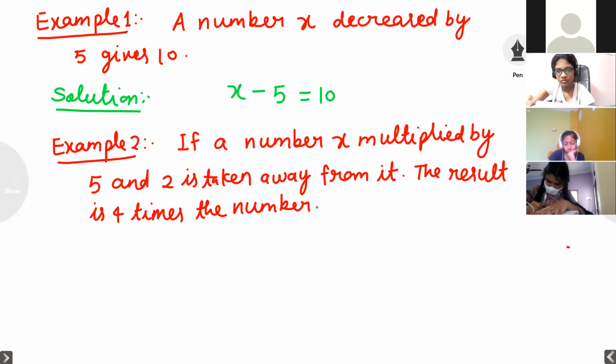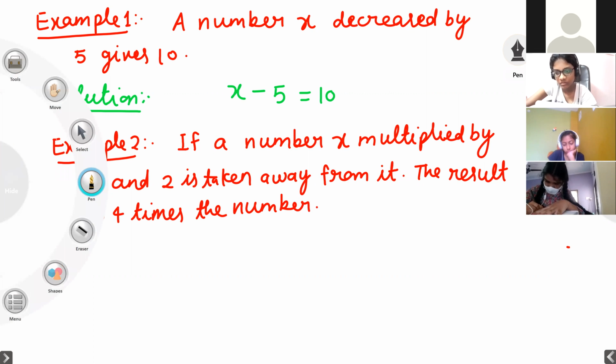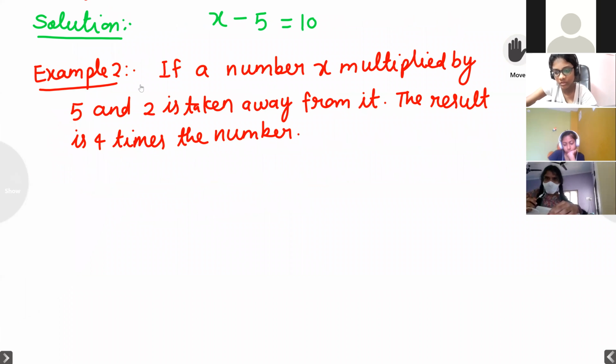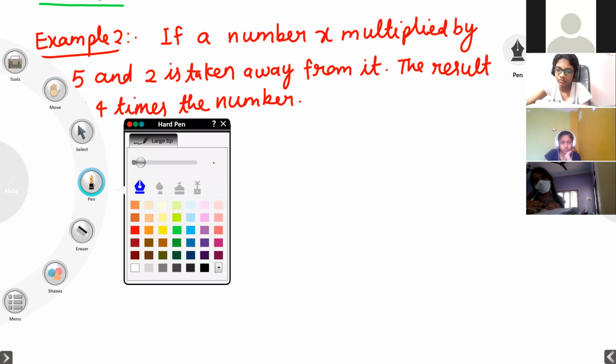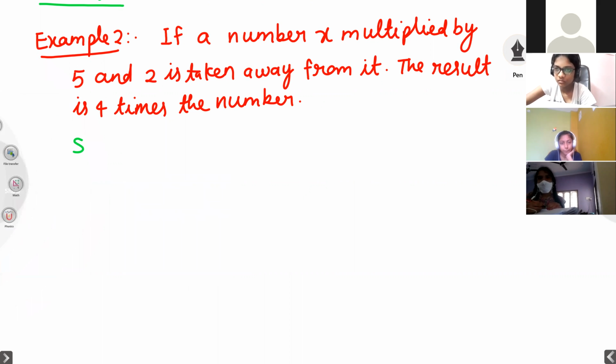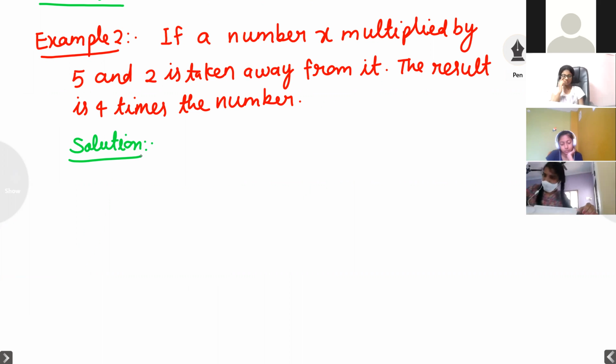You have to think very carefully, students. What is this question? The number is x, already given in the statement. Concentrate everyone here, this kind of question is coming at least 3-4 times, so you have to read the statements. If a number x is multiplied by 5, x into 5 means 5x, and 2 is taken away means minus 2.